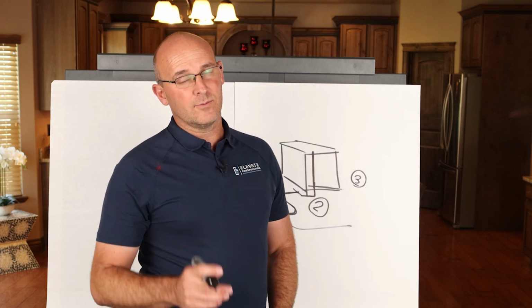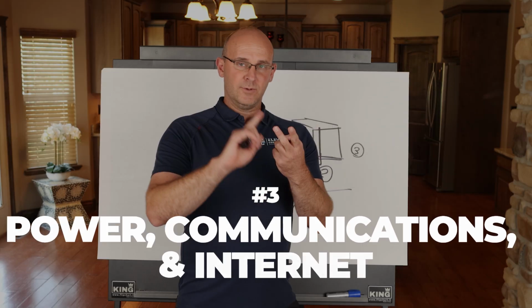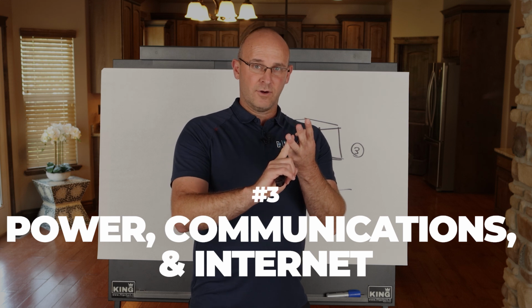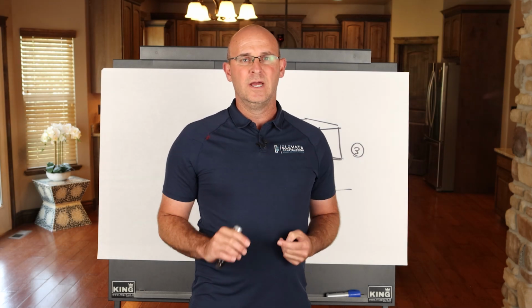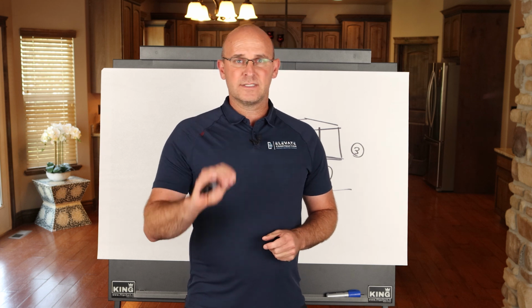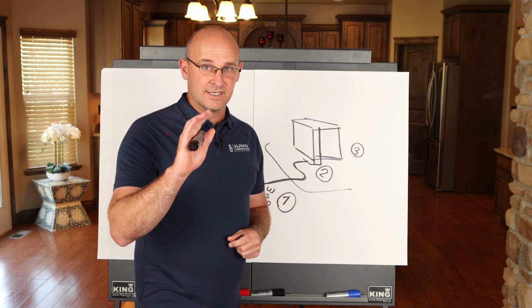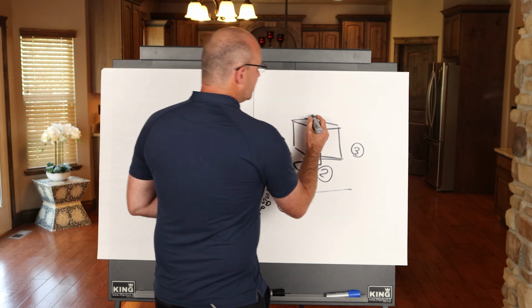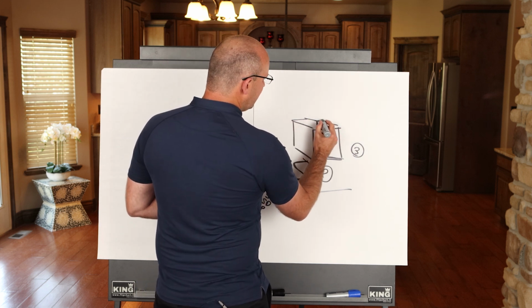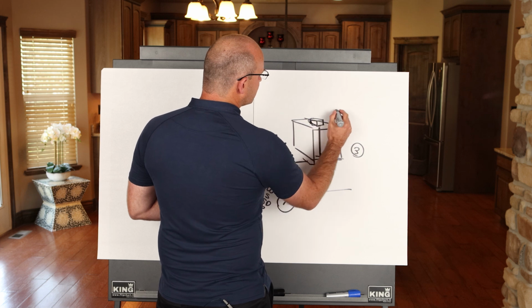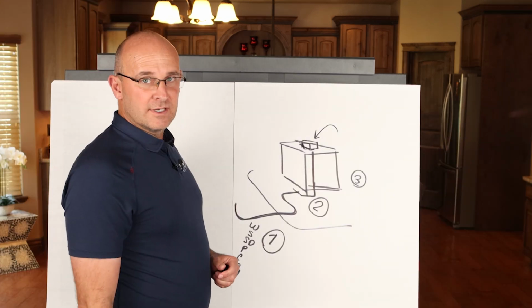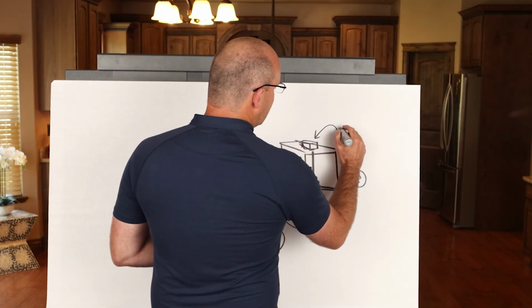The main things that I'm worried about here are power, communications, internet for the overall commissioning of the HVAC system. I want all of these systems to come up and feed the roof. Now, like I said, not every building is the same, but let's say hypothetically, and actually on all of the hospitals, laboratories, airports that I've ever been in charge of building with the project team, we've always had air handlers.